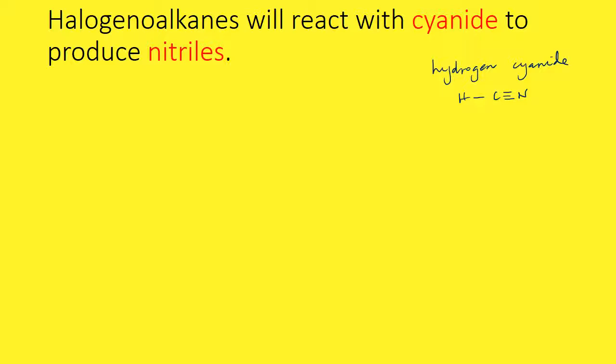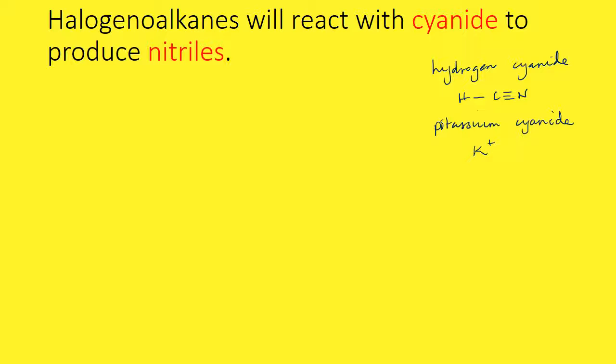We can make that into potassium cyanide by reacting it, for example, with potassium hydroxide. So we would get potassium cyanide, which would be ionic.